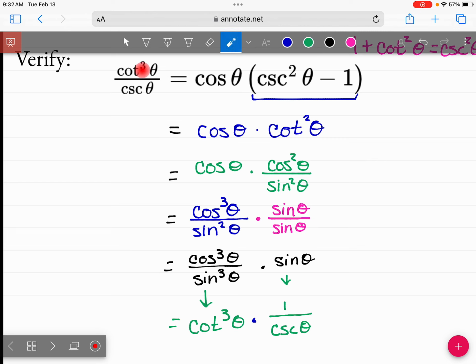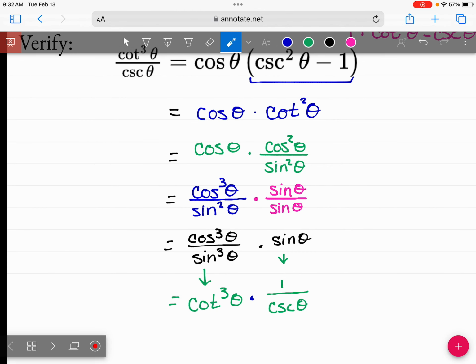And cotangent cubed over cosecant is exactly what we want because they're being pests. So cotangent cubed over cosecant is exactly this as long as we multiply by a 1 because they're being annoying. Because this is a 1.